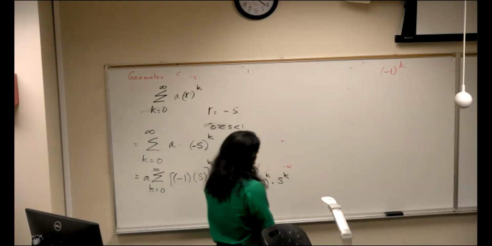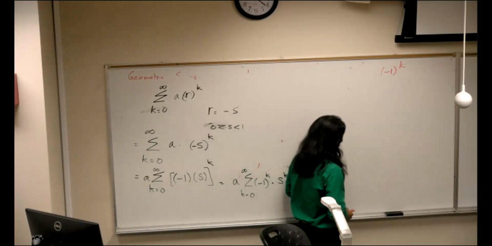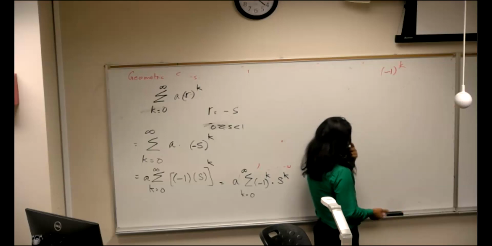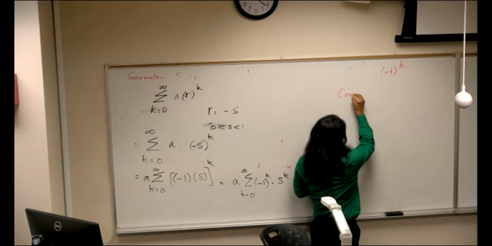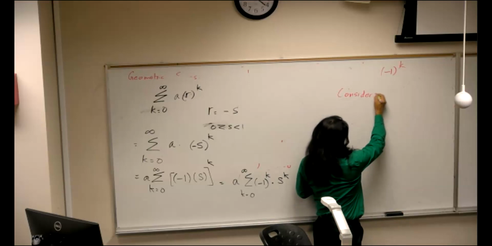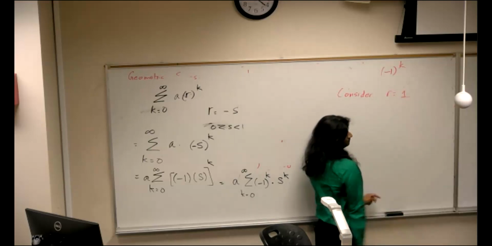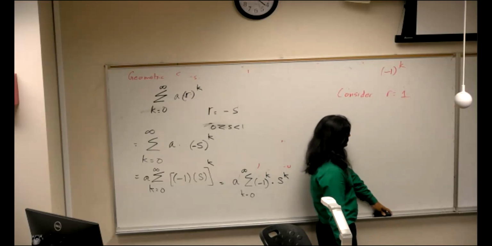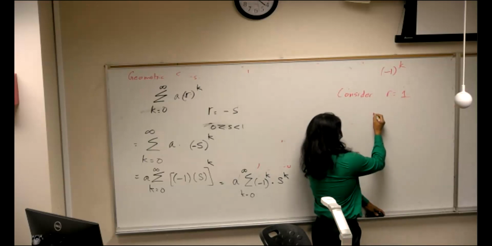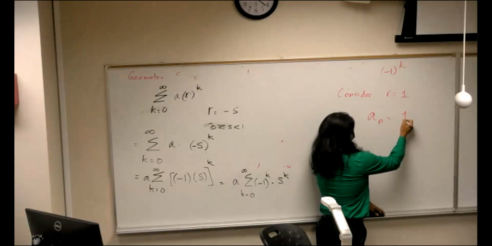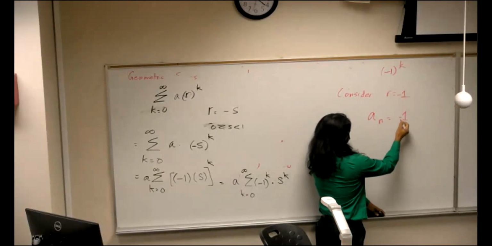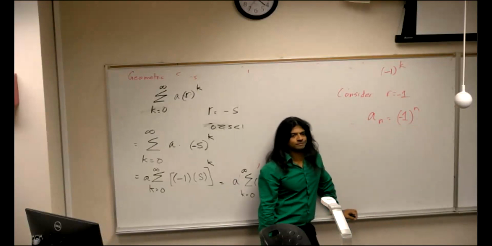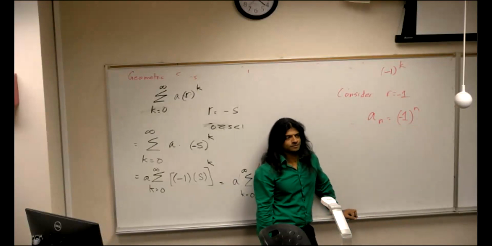Again, geometric series where r is greater than 1 or just equal to 1. So here is a geometric series with r equal to 1. The general term would simply be -1 raised n. Good.